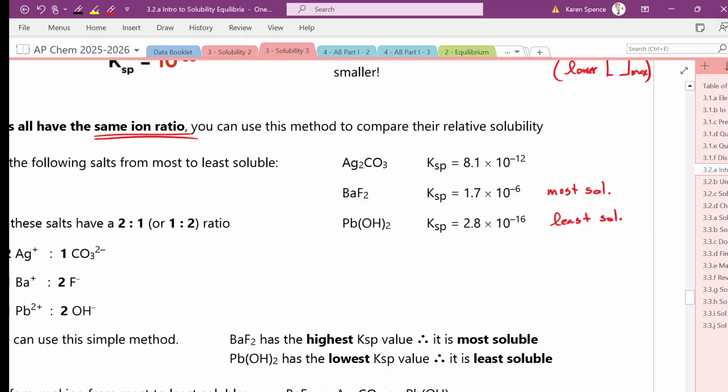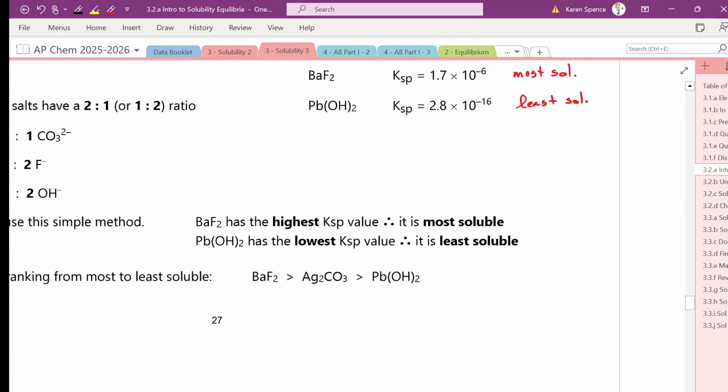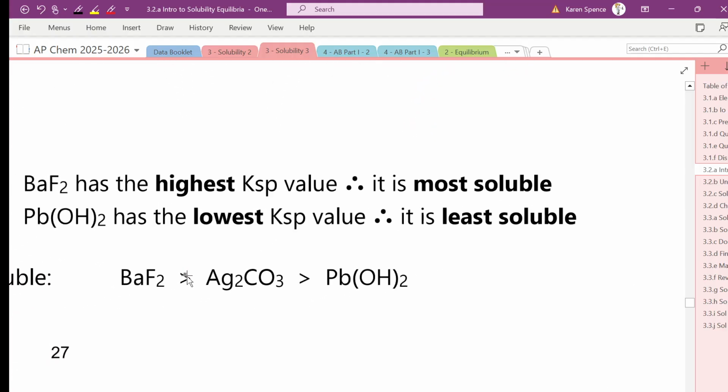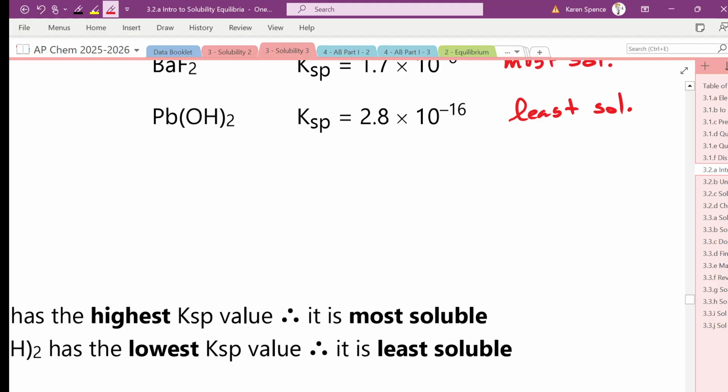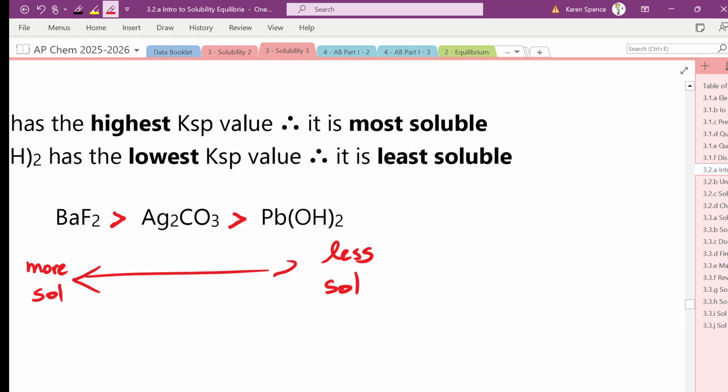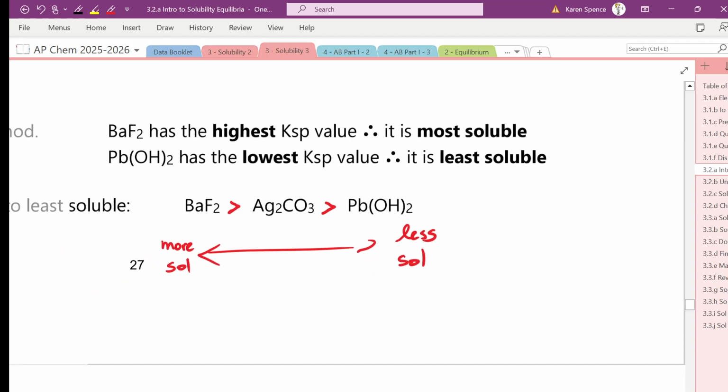Okay? And so if we were to rank them from the most soluble to the least soluble, you would say BaF2 is more soluble than Ag2CO3 is more soluble, and you could write over here more soluble, less soluble. And you got your little spectrum there. Okay?